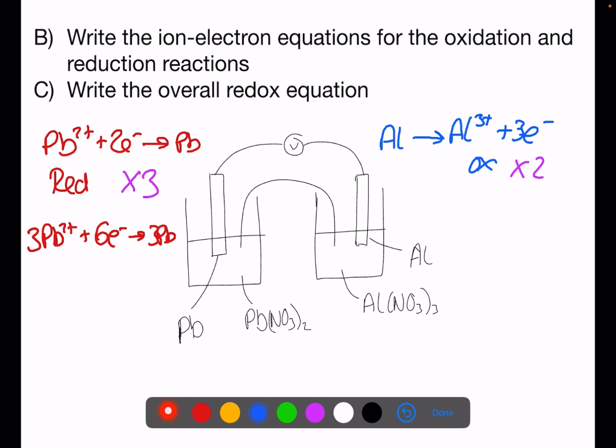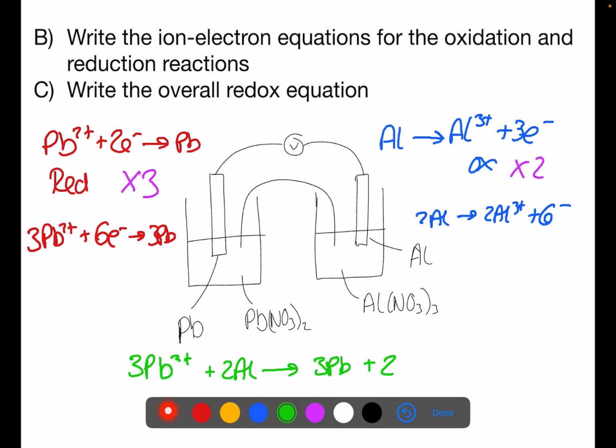And on this side, we'll have 2 Al to give 2 Al3+ plus 6 electrons. And when we then combine the two, cancelling the electrons as we go this time, we'll have 3 Pb2+ plus 2 Al to give 3 Pb plus 2 Al3+. That is our overall redox equation.